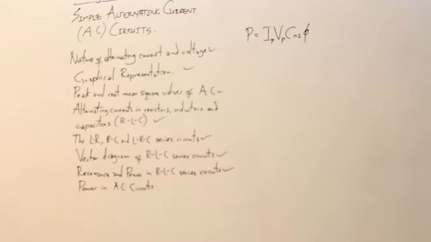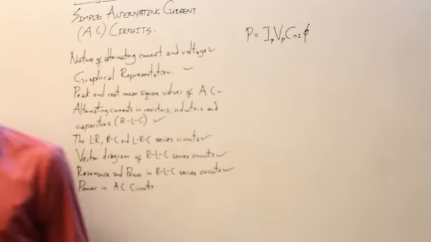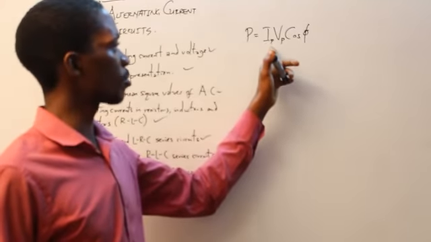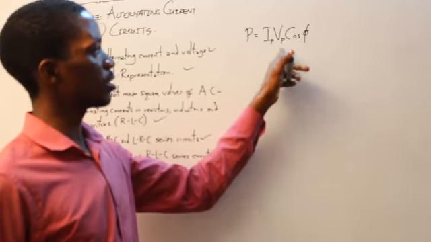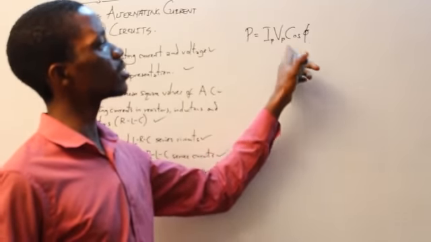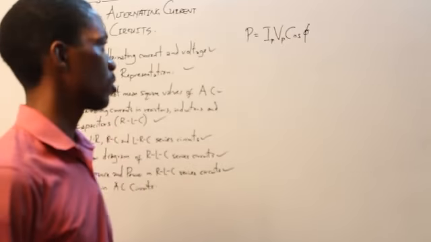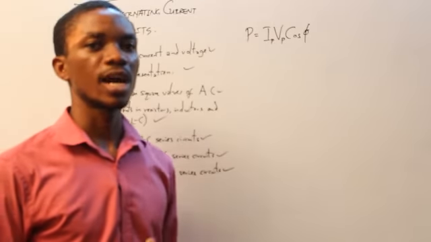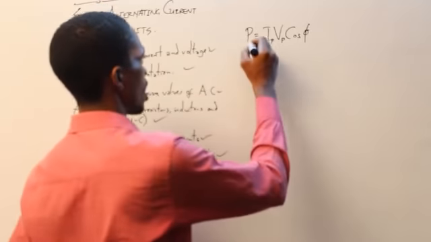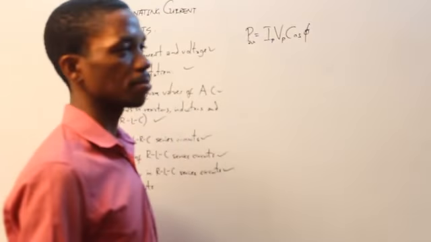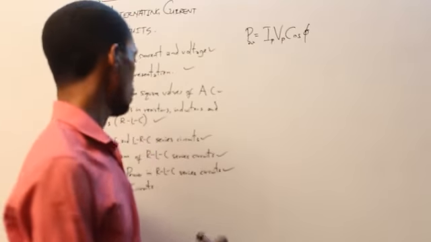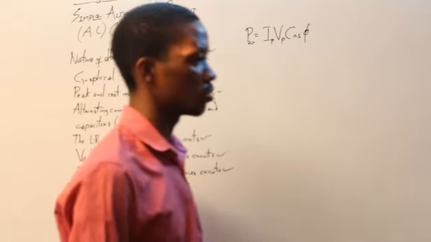We have the maximum current multiplied by the maximum voltage, that's current and voltage at the peak, multiplied by the cosine of the phase angle between them. Of course, this is our average power. So these are the formulas that we'll be working with in the course of these particular questions.